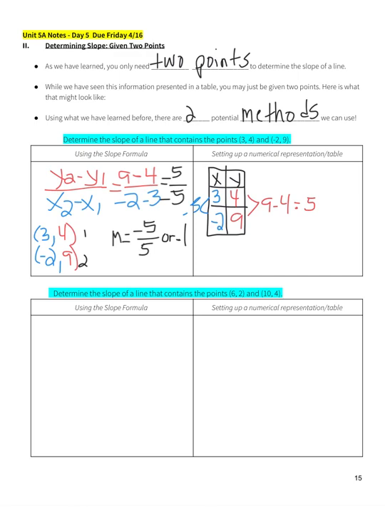So we found our change in y is 5, and our change in x is negative 5. So the slope is 5 over negative 5, which we'd also write as negative 1.